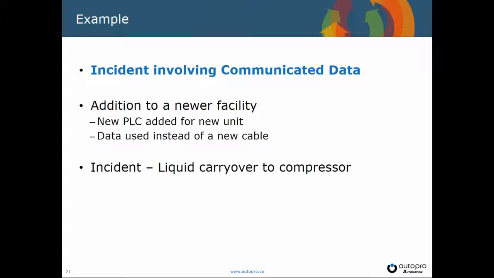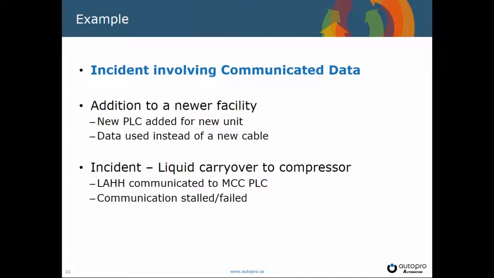Well, the communications between the two PLCs failed, and the request for the pump start didn't get through to the MCC, so we had liquid carryover to the compressor.